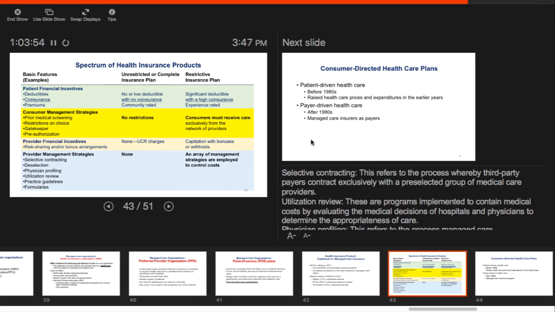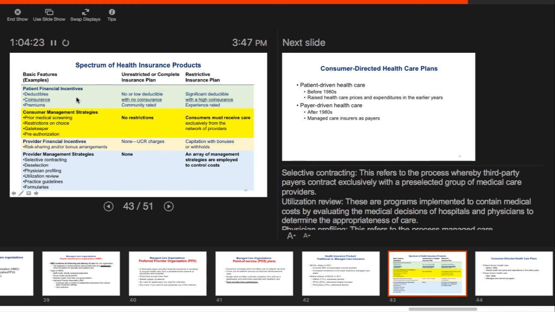Let's compare the different health insurance products before and after the 1980s. On the left side, we have the basic features, which talk about the patient's financial incentives, consumers' management strategies, and providers' financial and management strategies.